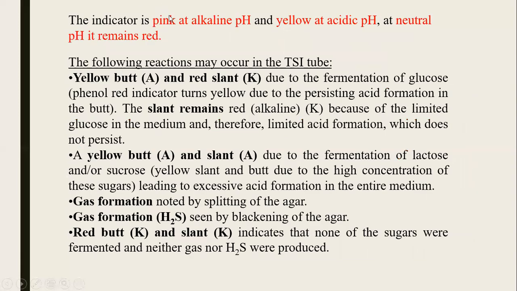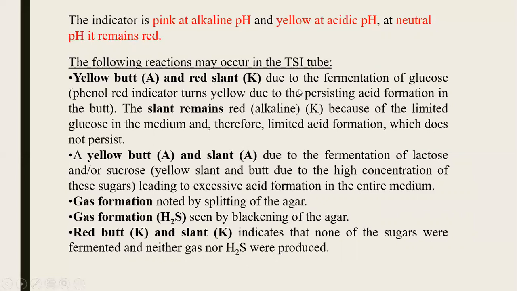The indicator is pink at alkaline pH, yellow at acidic pH, and at neutral pH it remains red. These are the following reactions that may occur in the triple sugar iron medium. If a yellow butt and red slant is observed, yellow butt means growth of the organism is yellow and the slant remains red.